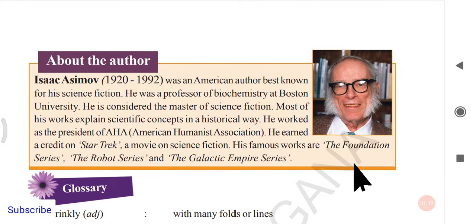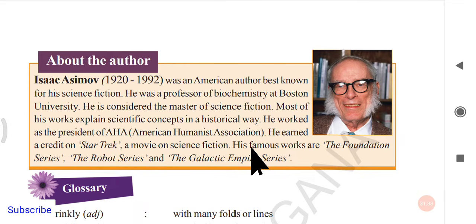Isaac Asimov was an American author best known for his science fiction. Aspirants of TET and DSC, whenever I'm reading about the author, please note some important points about him, and also note down the texts, the very important texts which have authors.